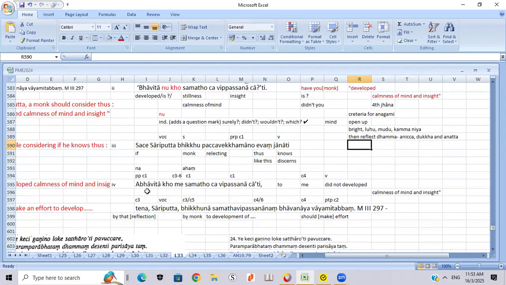So next is abhāvitā. This is emphasis. Me samatho ca vipassanā ca. Here, this is a PPP. You take away the R, that means bhāvita is developed. In this case, it is not developed.